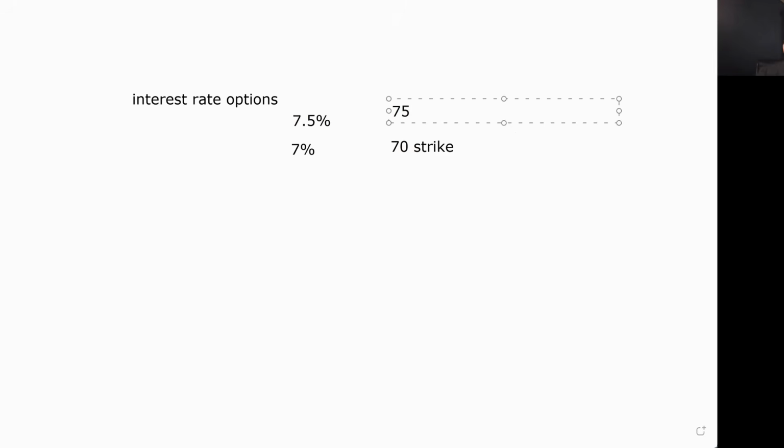So if I think interest rates are going up, I would buy, we'll call it an interest rate or yield based 70 call at 2. Okay. So that means I think the interest rates will go above 70. Hold on. If I buy this, I think the interest rates are going to go over 7% because 7% equals a 70 strike.